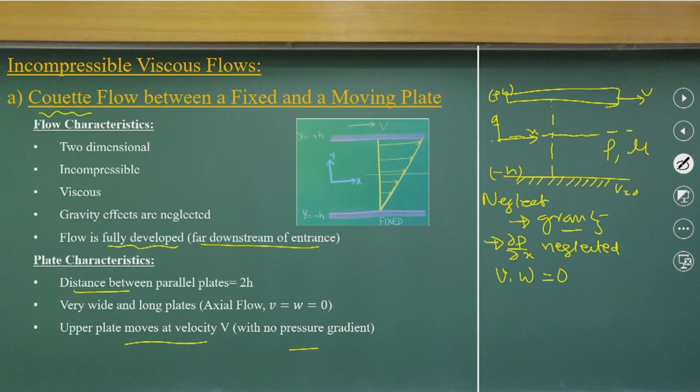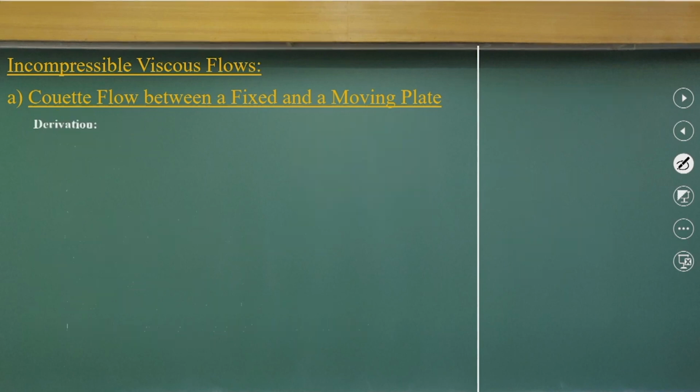These assumptions are very important. Then substitute these components into the Navier-Stokes equations, get the ordinary differential equations, integrate, and apply the boundary conditions to get the functions. Those are the steps.